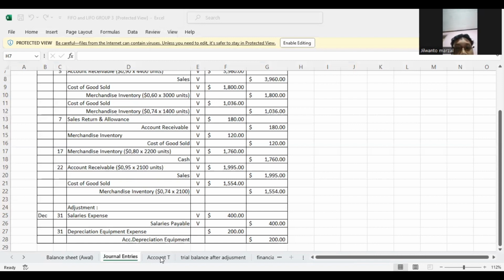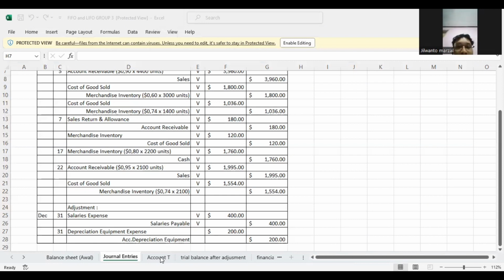So it will be salaries payable in credit, not cash. Okay, move on to the second one. They said depreciation is $200 per month. So in this month we have $200 depreciation. So the account will be depreciation expense equipment in debit $200, and then accumulated depreciation equipment in credit $200.